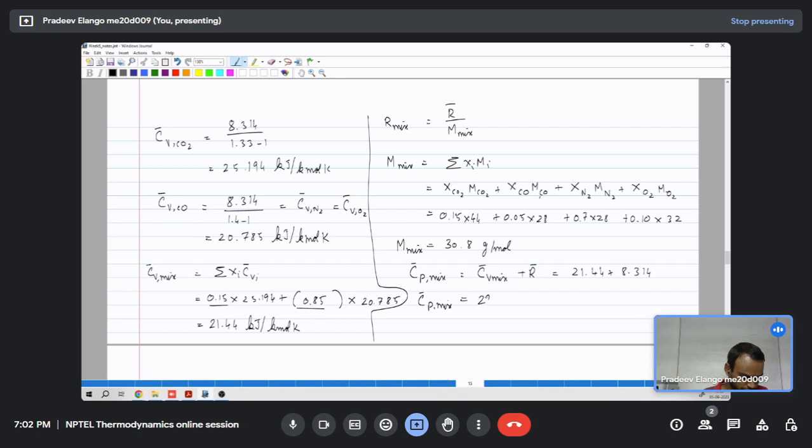This is 29.754. Now gamma is 29.754 divided by 21.44. This is 1.388. Now we have got the gamma of the mixture.